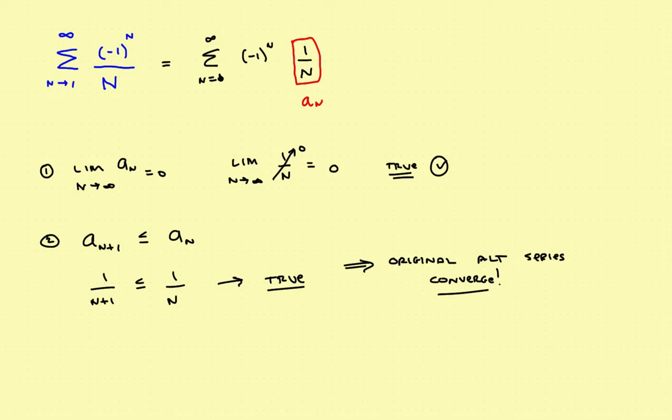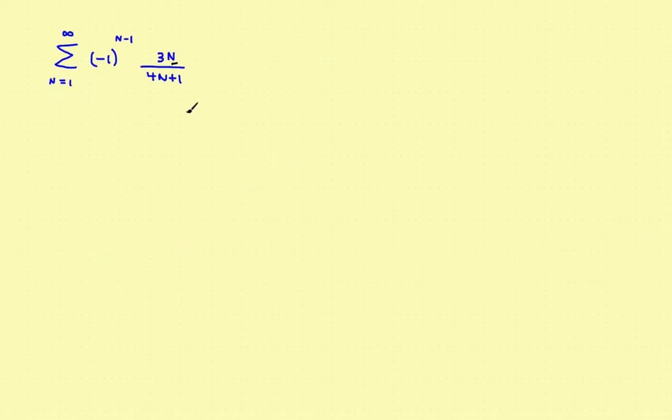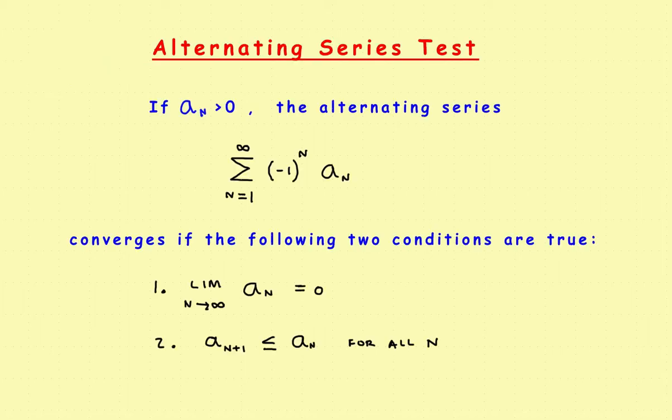Now, for the next test, let's take a look at this. Suppose we got a problem that looks like this. We've got an alternating series, 3n over 4n plus 1. Before we go on to that, let me go back, and it's worth taking a look at a relationship here. As it turns out, the alternating series test is kind of related to the nth term test for divergence.